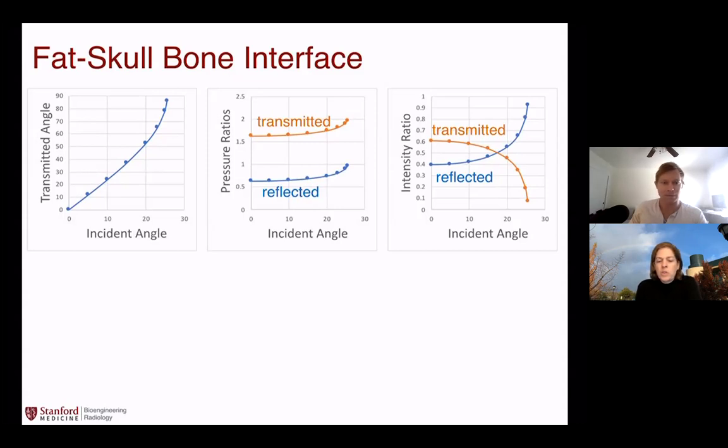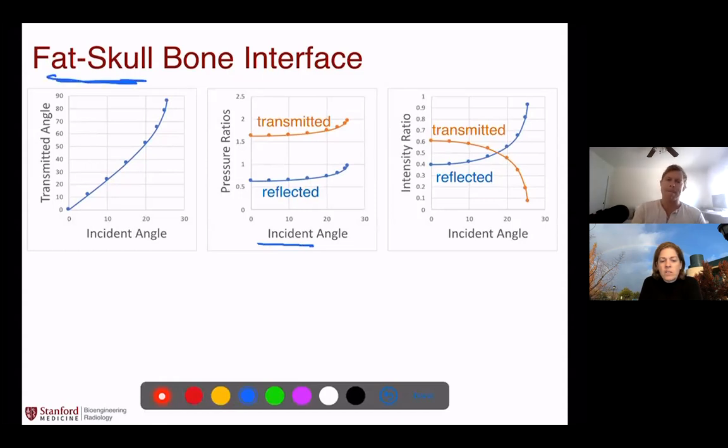On the second, we're looking at the pressure ratios versus the incident angle. And this is a fat-skull interface right here. What we see is that the reflected beam as a function of incident angle is going to go up here at about 25 degrees. And then we see the transmission beam right there. And then, of course, there's the continuity equation.